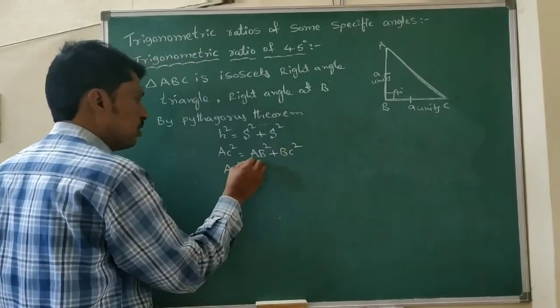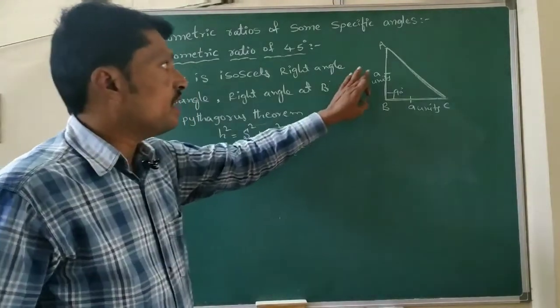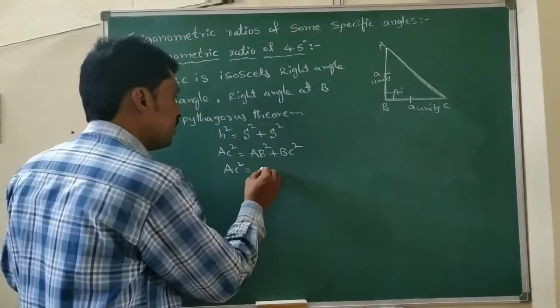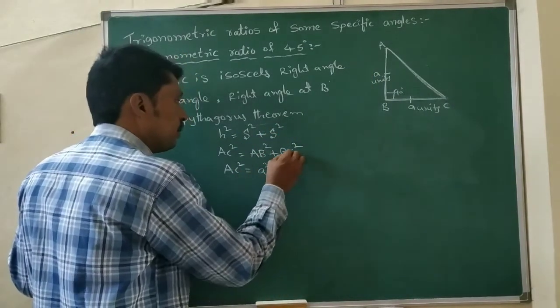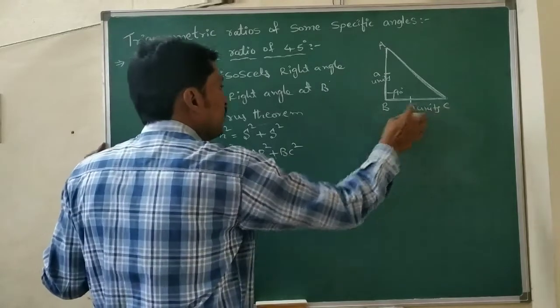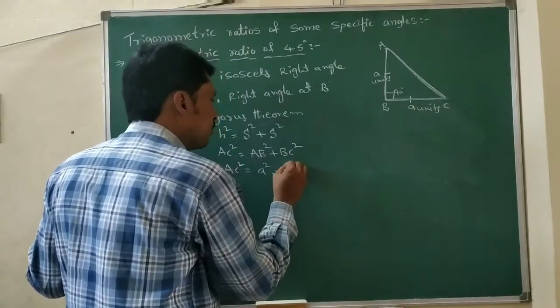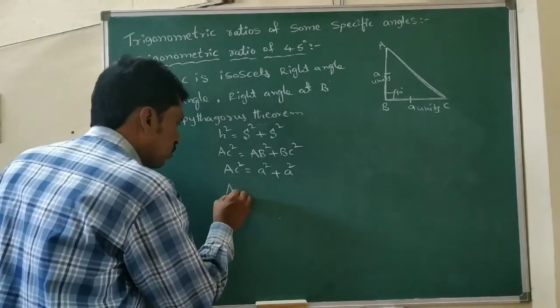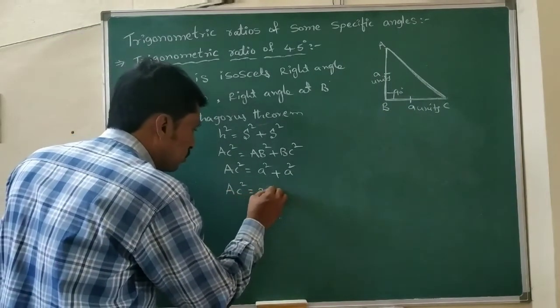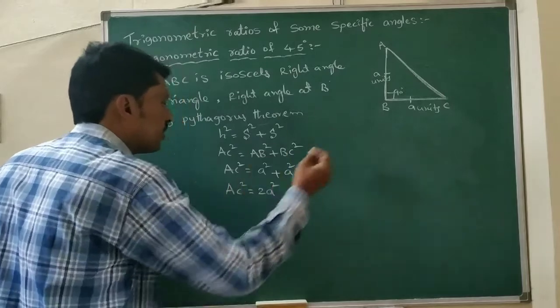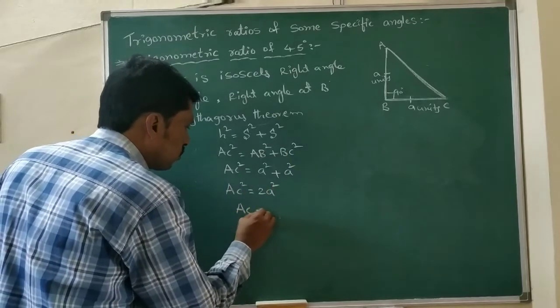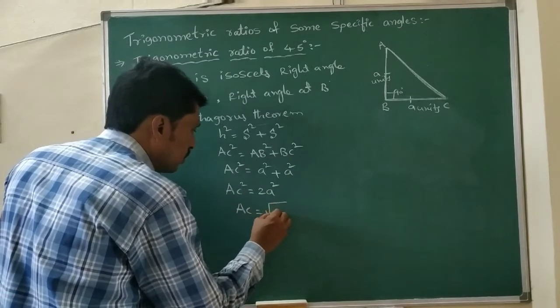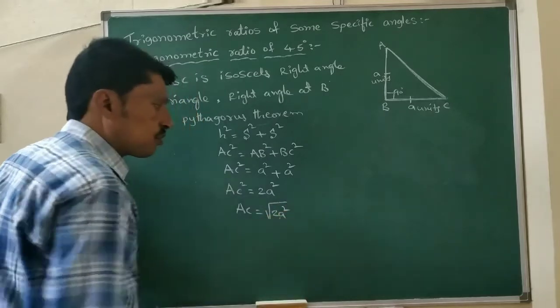AB is A, so A square, plus BC is A units, so A square. A square plus A square, we get 2A square. So AC square equals 2A square. Transposing the square, AC equals under root 2A square.